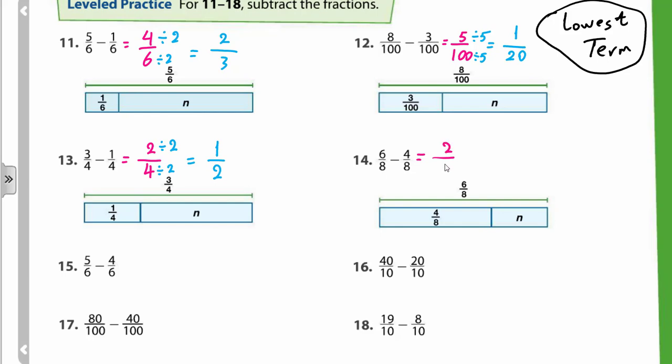And the denominator? 8. Okay, the lowest term? Do we have common factors?